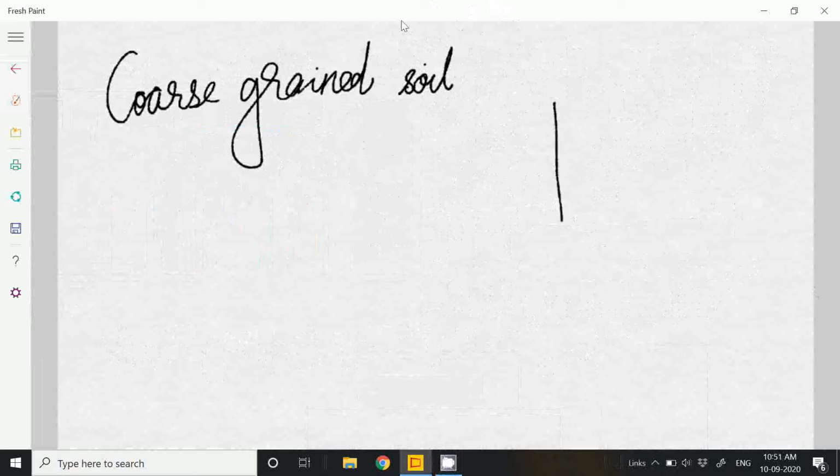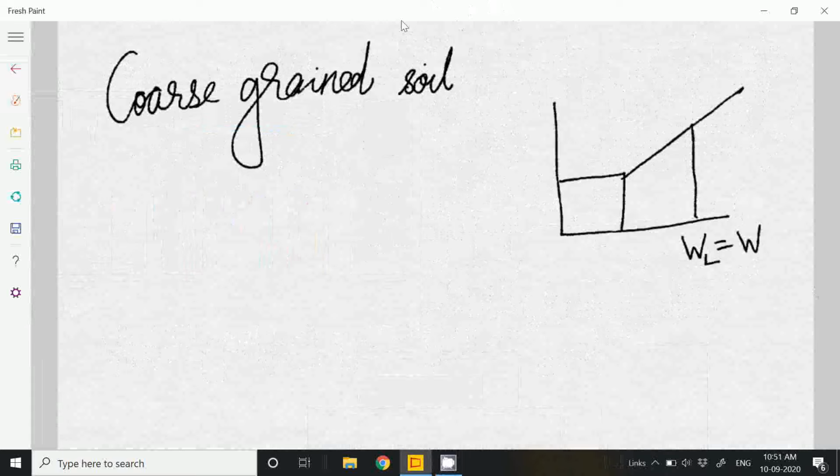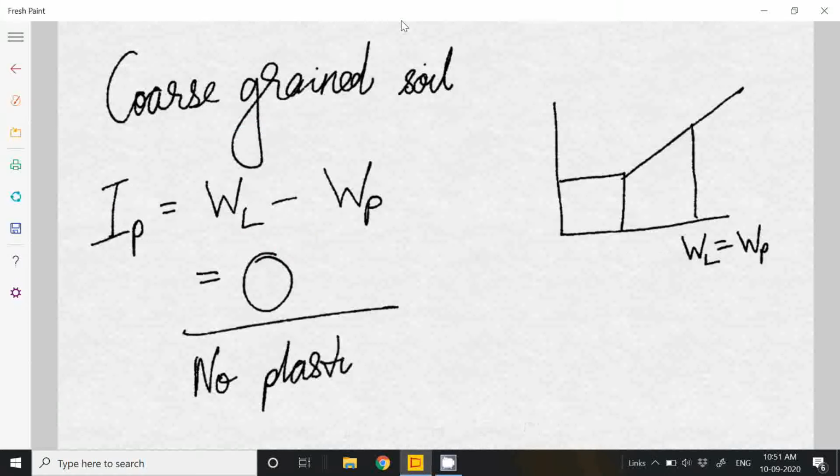That means in this curve, the liquid limit and plastic limit become the same. So what happens is that IP, which is WL minus WP, becomes 0. So we can say no plasticity.